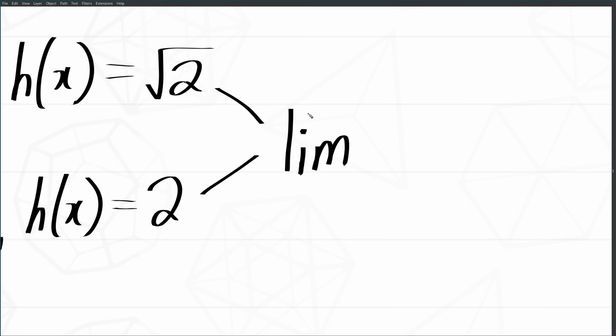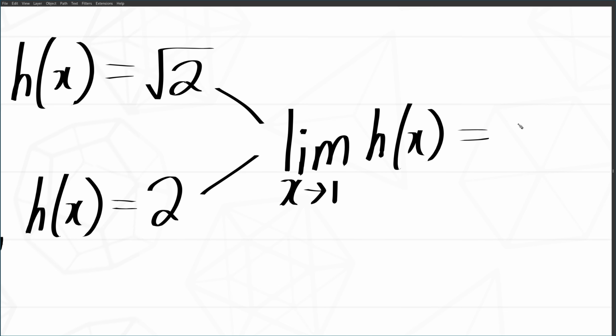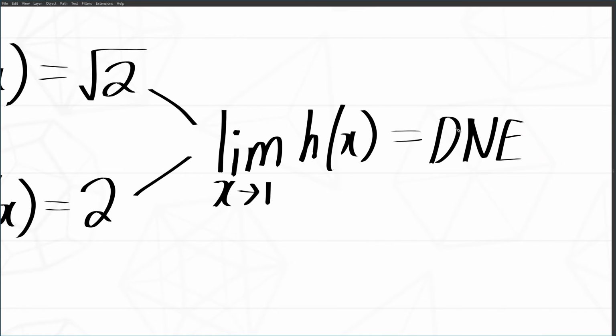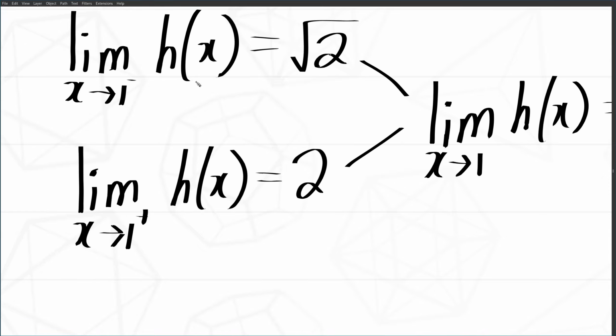The answer is no. So the limit as x approaches 1 of h of x is equal to, does not exist. Well, it being equal to does not exist is not how you'd say it verbally, but mathematically, this is what you would write. The limit simply does not exist.